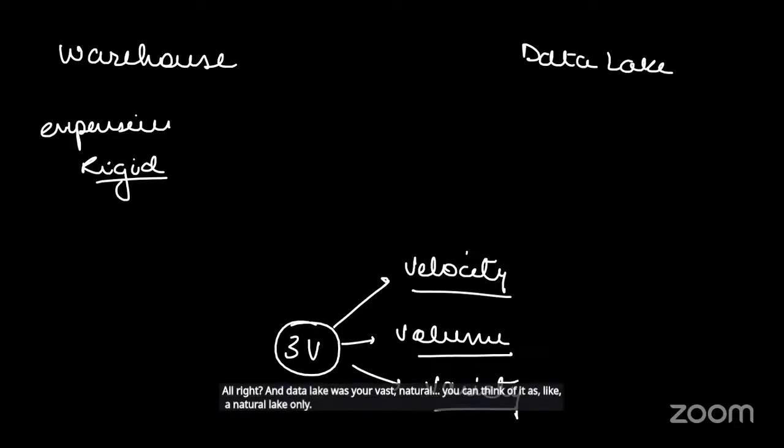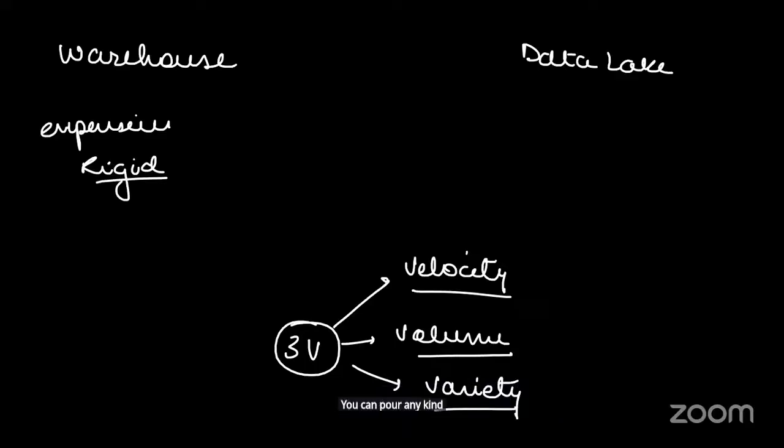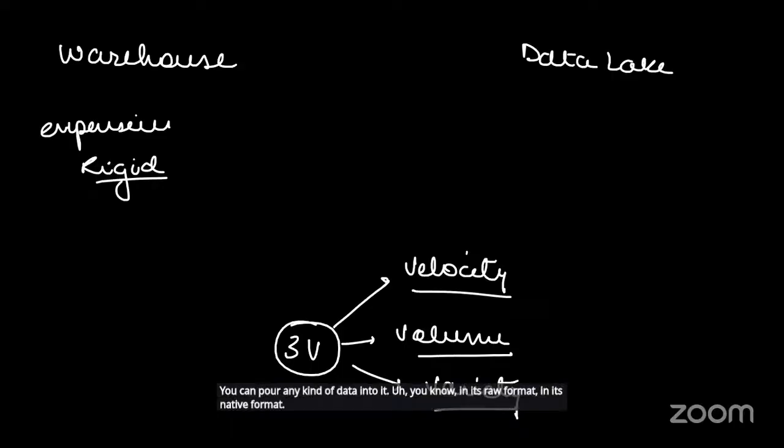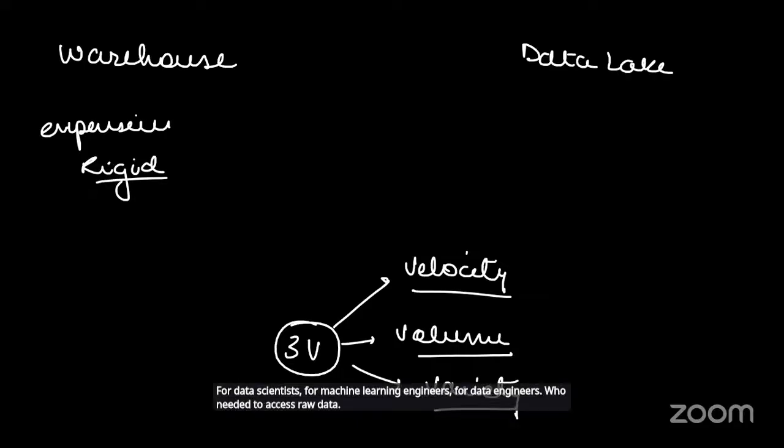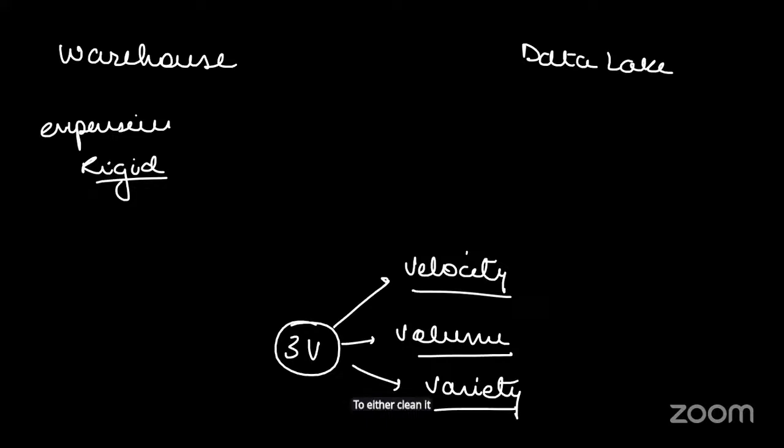You can pour any kind of data into it, in its raw format, in its native format, and it's incredibly cheap and flexible. That made it the preferred playground for data scientists, machine learning engineers, and data engineers who needed to access raw data to either clean it or train their models on it, right?